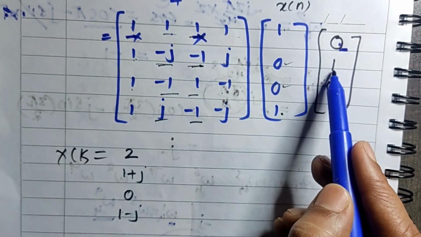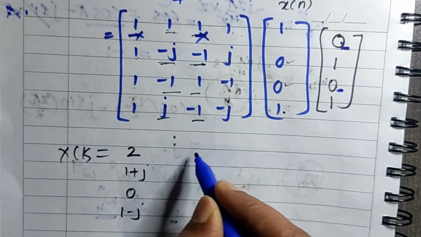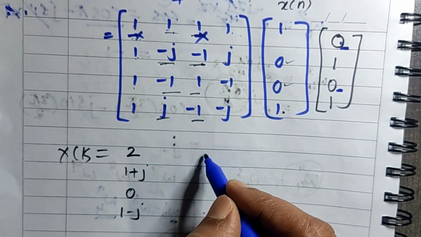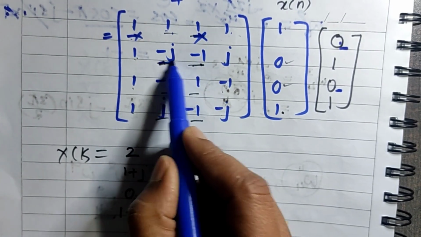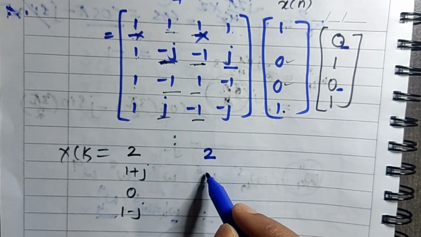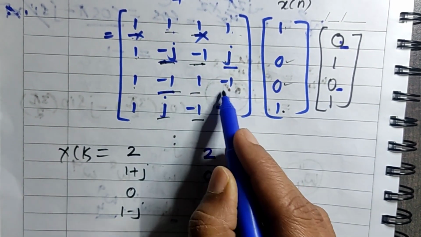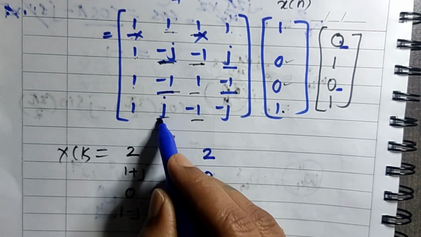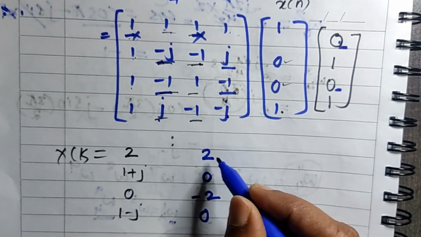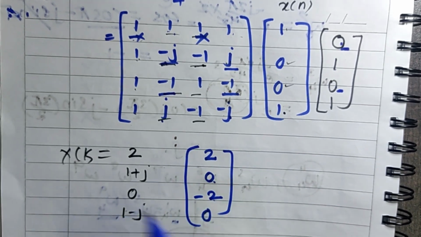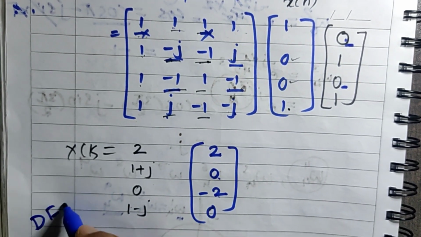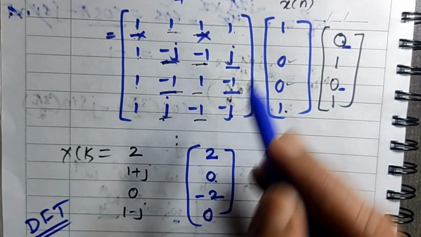So 1 plus 1 is 2. Next, this one and this one: minus j plus j, 0. Minus 1 minus 1, which is minus 2. j minus j, which is 0. So 2 0 minus 2 0 is the sequence x of k. This is our DFT by using the matrix.